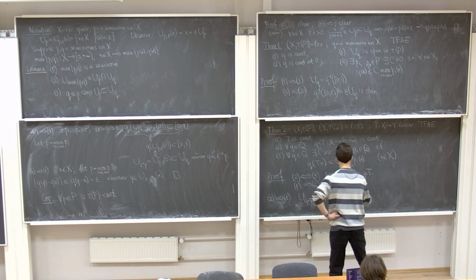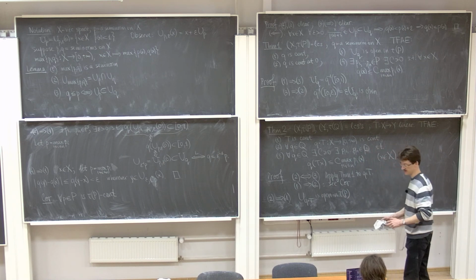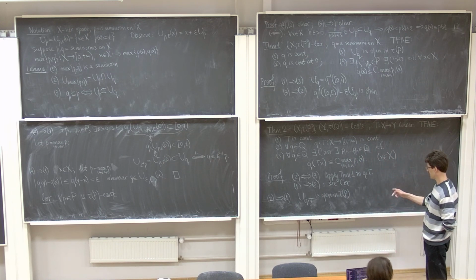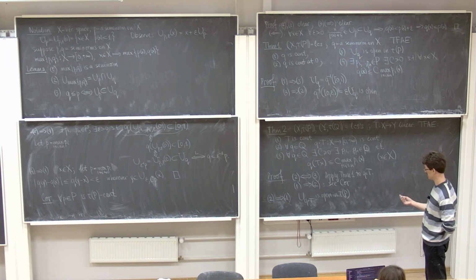Well, let's try to understand together that this is almost obvious. So this set is open, we want to show that this implies that T is continuous at 0. Well, why is it so?